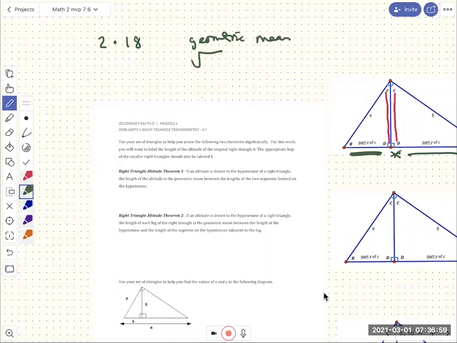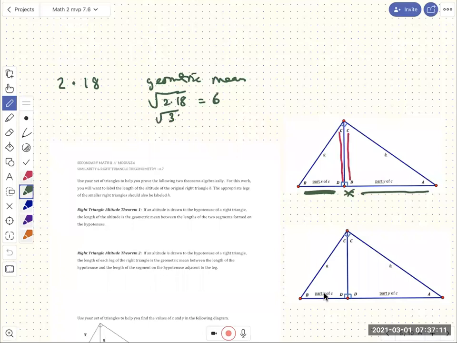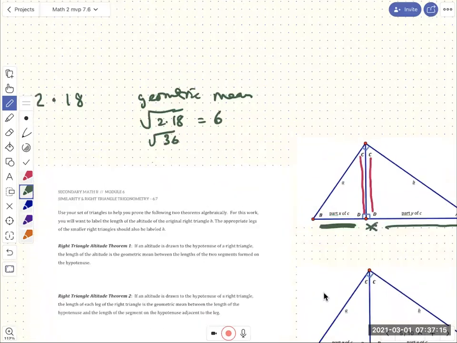The square root of 2 times 18 equals 6. So the geometric mean of 2 times 18 is 6, the square root of 36. And if we compare that to the arithmetic mean, we think about how that works: we add, right?